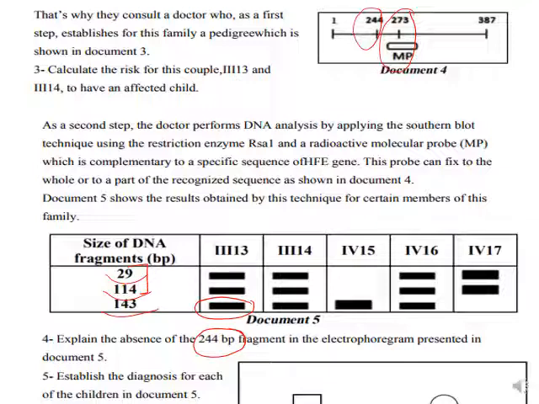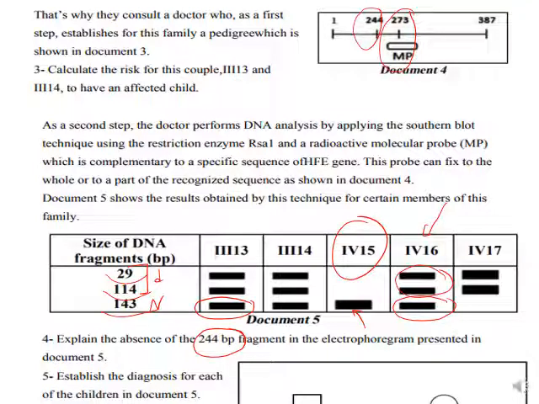So here the fetus 415 shows only one thick band at the level of 143. So this is for the normal and this is for the mutated or the affected. So it will be homozygous and healthy or normal. While 16 shows 3 bands, so it carries the normal allele and also carries the affected allele.